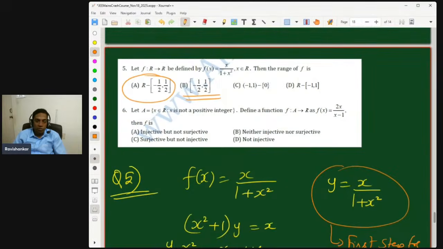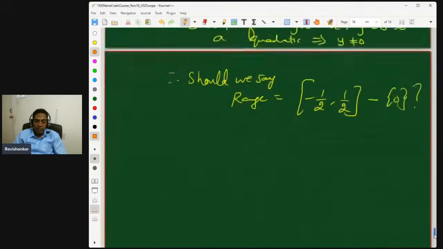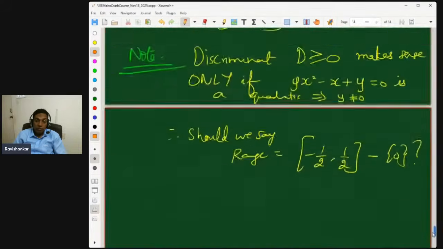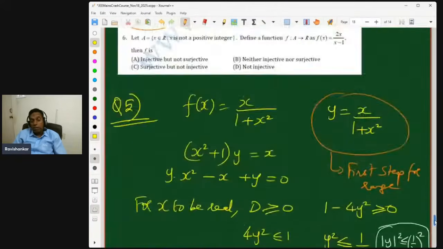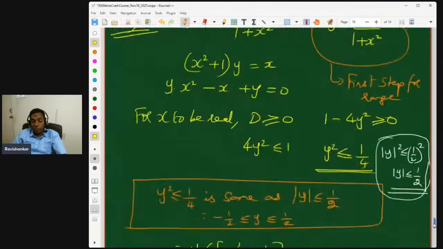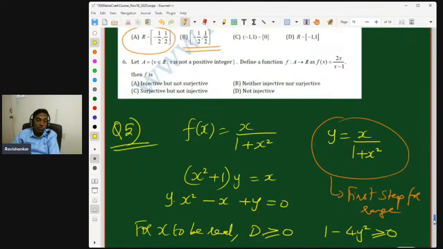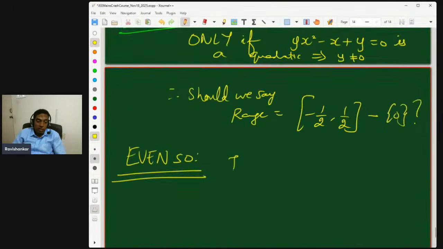Okay, but there is no minus half, half minus 0. Okay, but even then, if y is 0, yes, it's not a quadratic, but don't assume automatically that y equals 0 is not allowed. Is y equals 0 allowed?